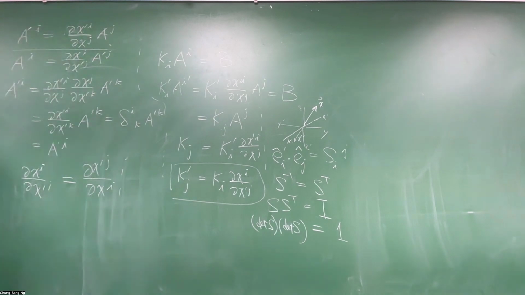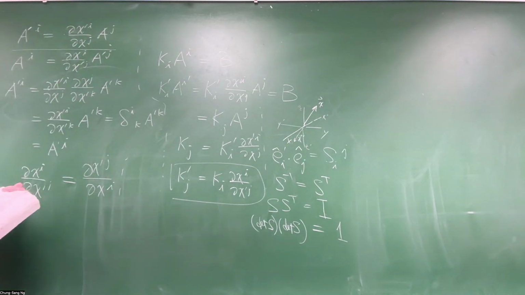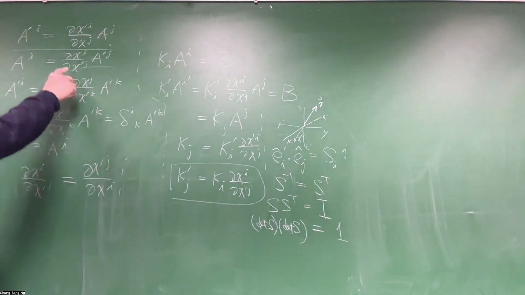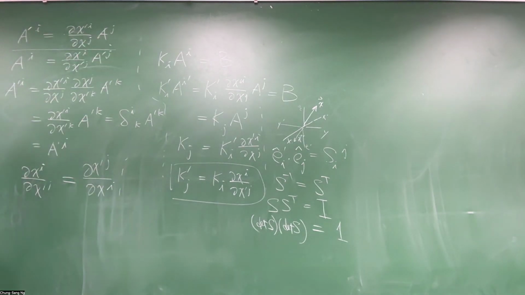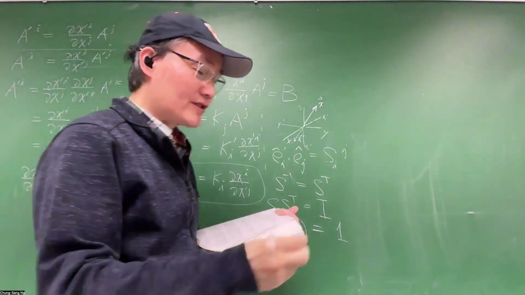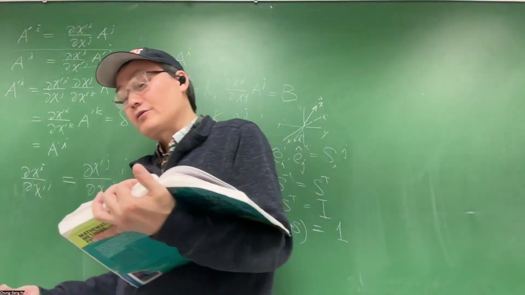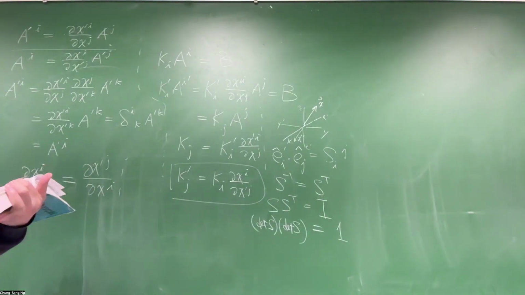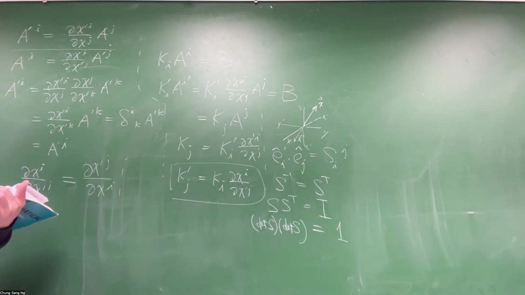Basically we were staying with just proper rotation, and for a proper rotation the determinant is always one, so this is valid for either a vector or a pseudovector.